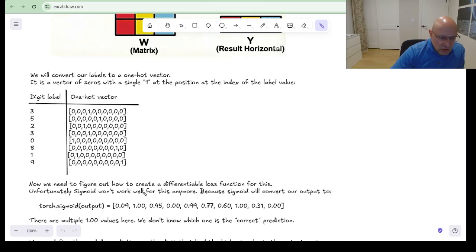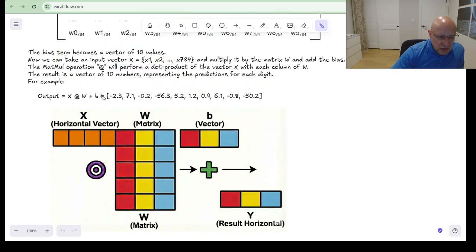So let's say I take this output vector that we had before. I know from looking at this vector that 7 has the highest value. The second highest value is this one, 6.1, and the third highest value is this one.